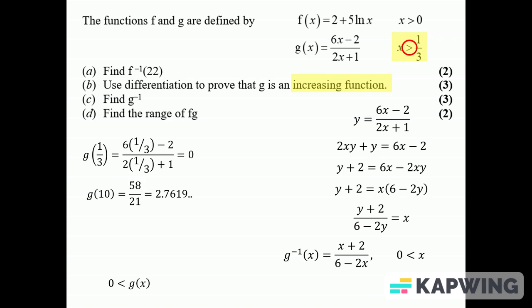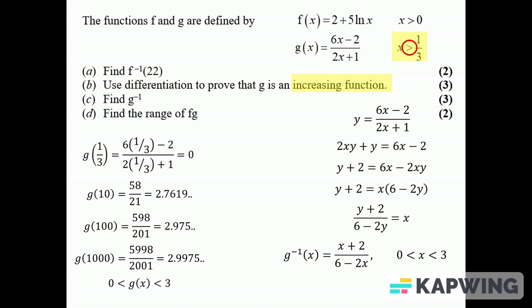It's increasing, but it doesn't increase forever, because if you put some big numbers in, g(100) is 2.97, g(1000) is 2.99, so it's increasing, but getting closer and closer to 3. So that's the upper limit, really, and it's the upper limit of the domain of g^-1.